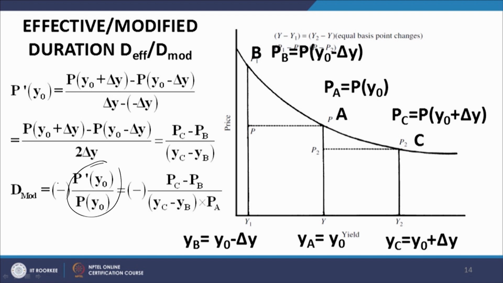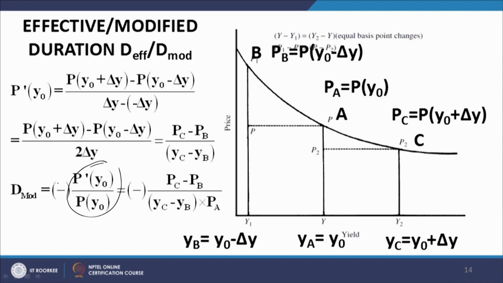So, let me repeat, D mod is given by minus P dash of y divided by P of y evaluated at the point y equal to y 0, which is the point of reference at which we are computing the impact of the shift in interest rates.